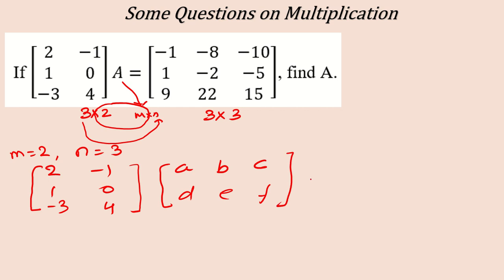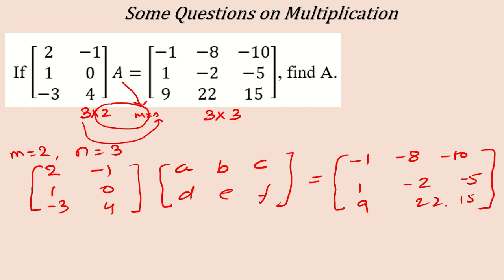Okay. Now it is equal to the right hand side: minus 1, minus 8, minus 10, 1, minus 2, minus 5, 9, 22 and 15. Now what you will do here? Just multiply these two matrices and then compare the equations.